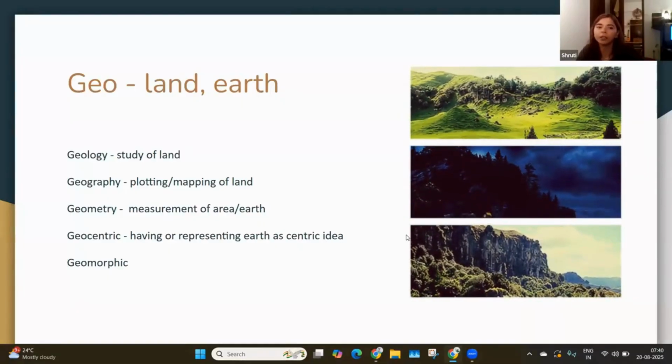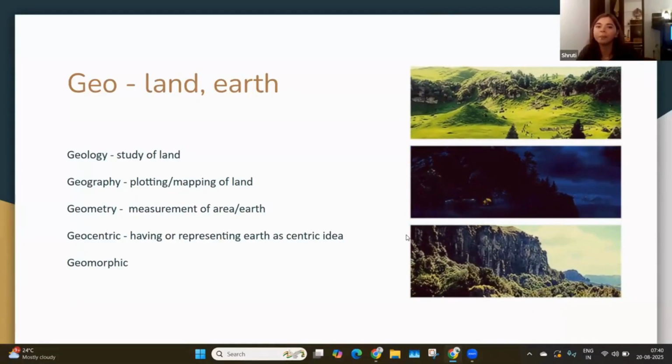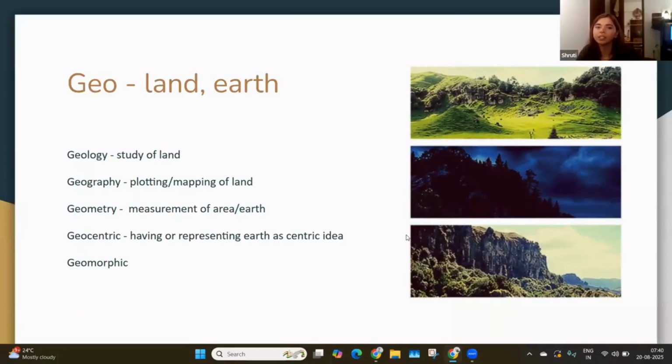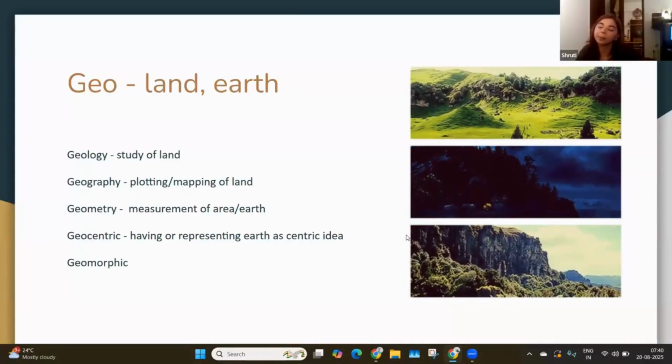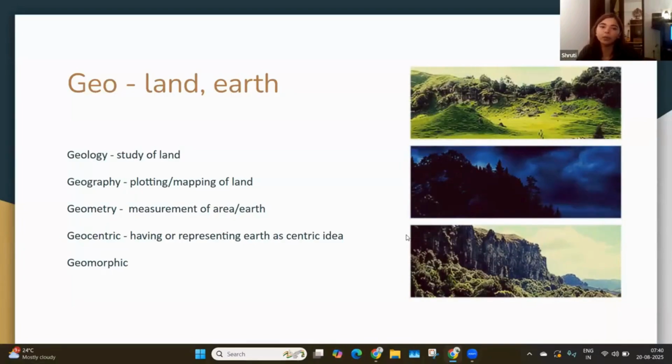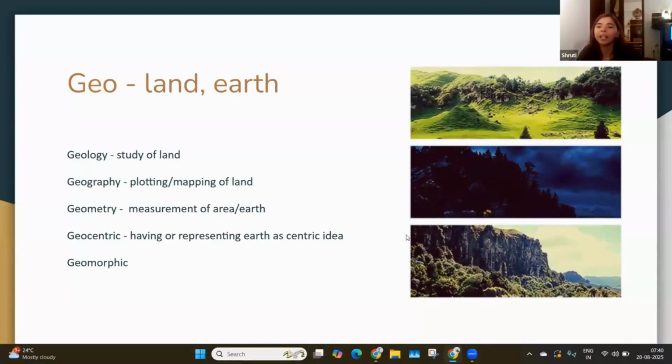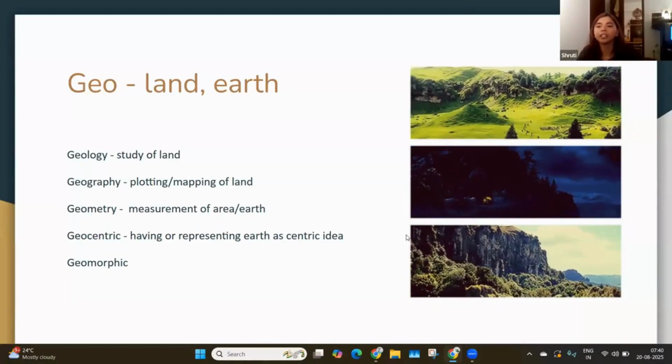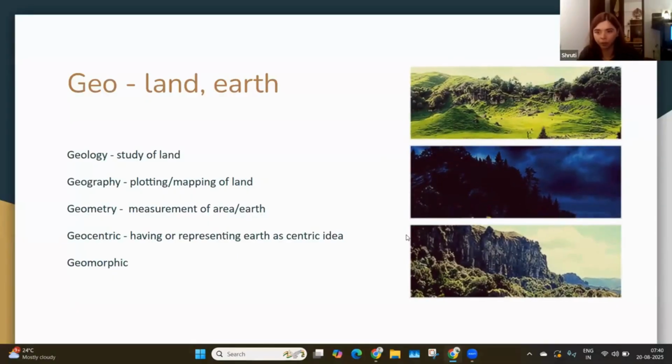In the same way, when you think about geometry, you're measuring area. It might not be directly related to Earth, but at the same time, area is on Earth. So there is a correlation. It's not a direct connotation.